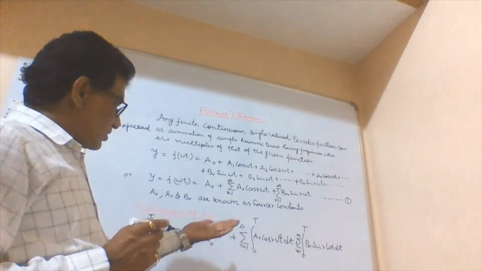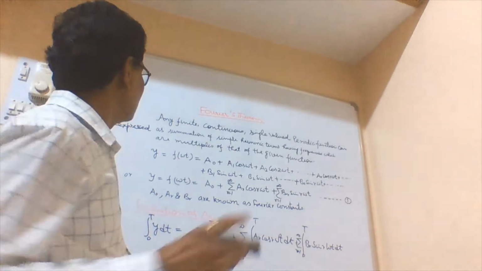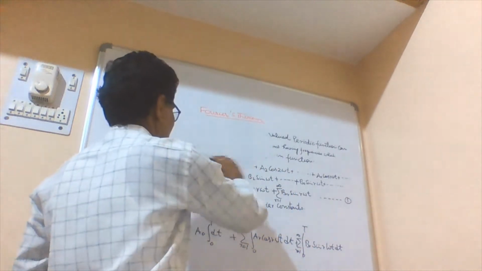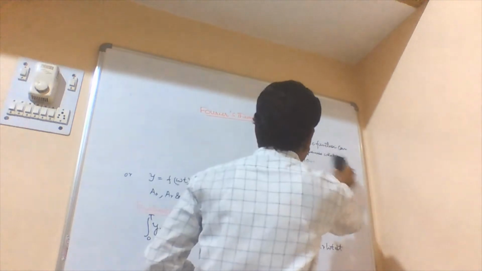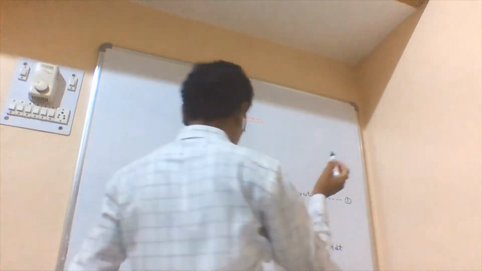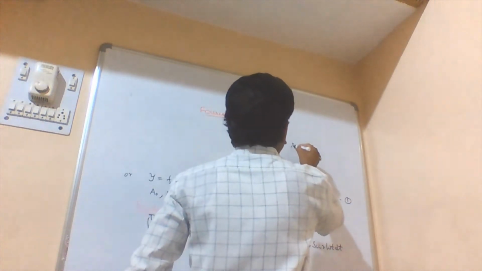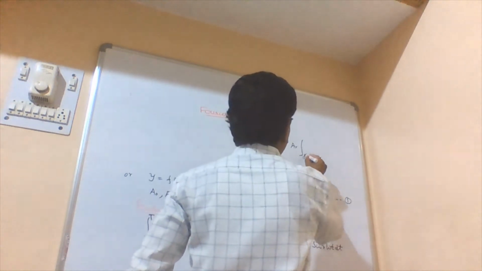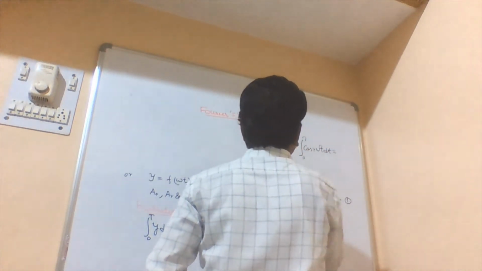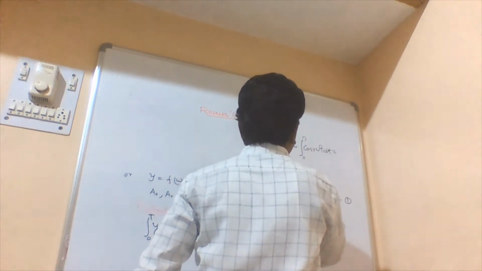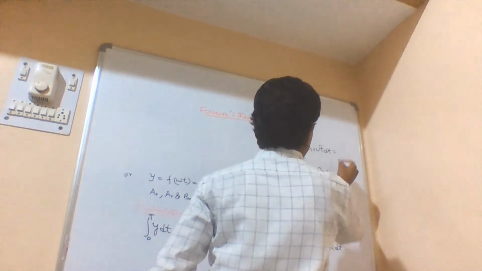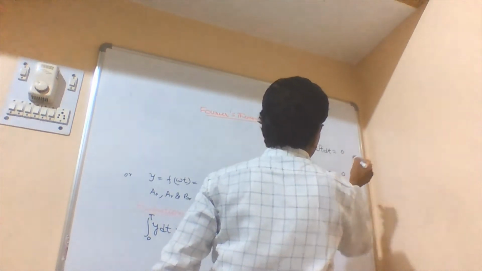So now we will integrate ar constant term 0 to T cos r omega t dt and br integral 0 to T sin r omega t dt. This is equal to 0 and this is also 0.